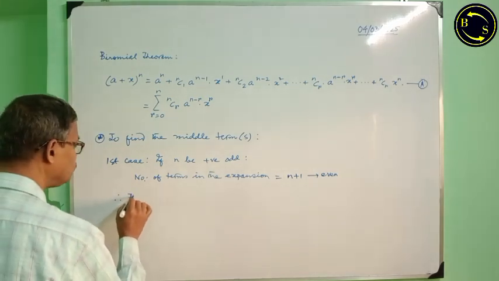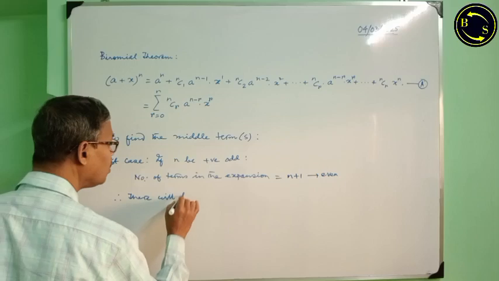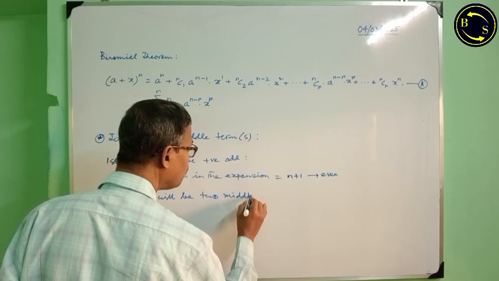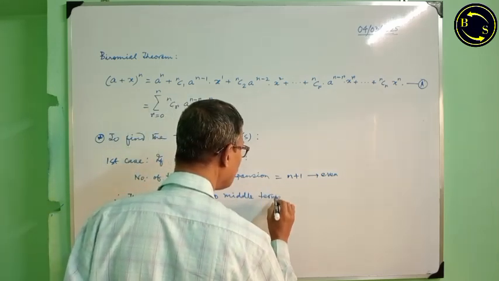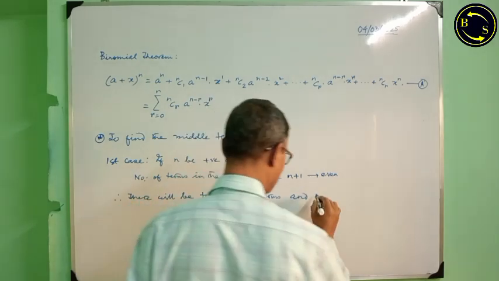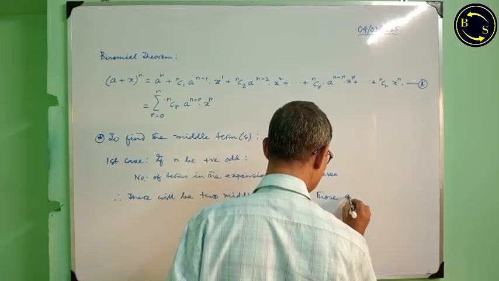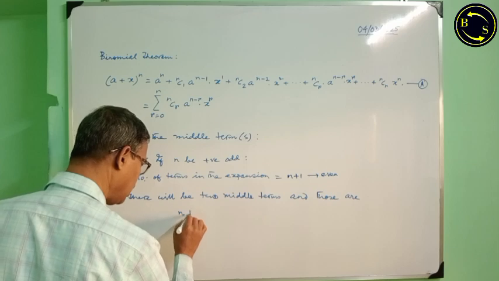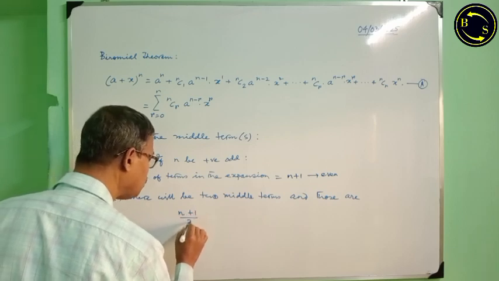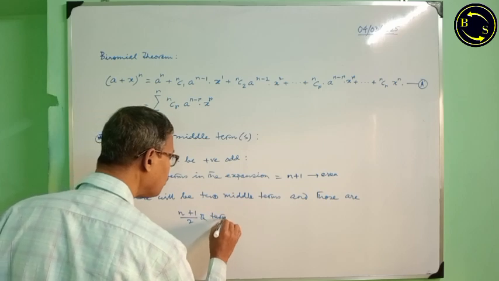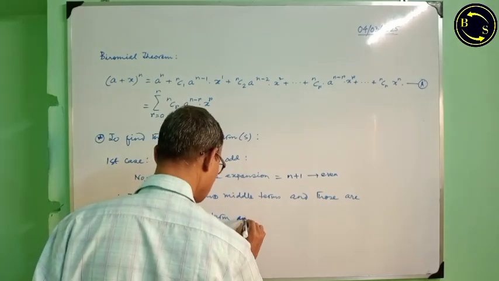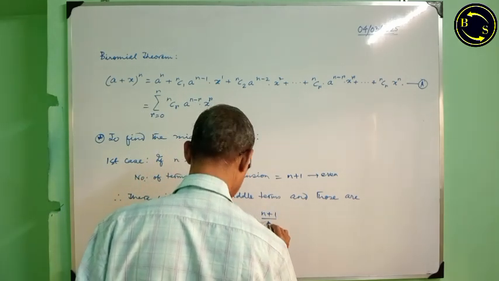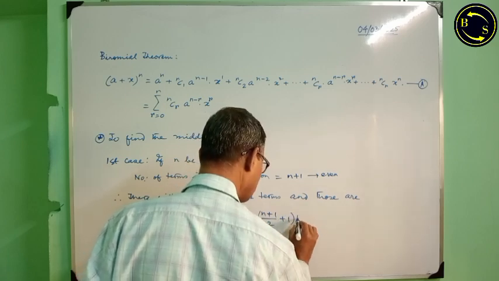Therefore, there will be 2 middle terms and those are: n plus 1 is even, therefore middle terms will be (n plus 1)/2 th term and (n plus 1)/2 plus 1 th term.